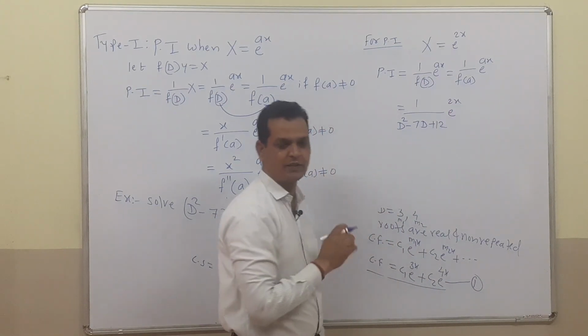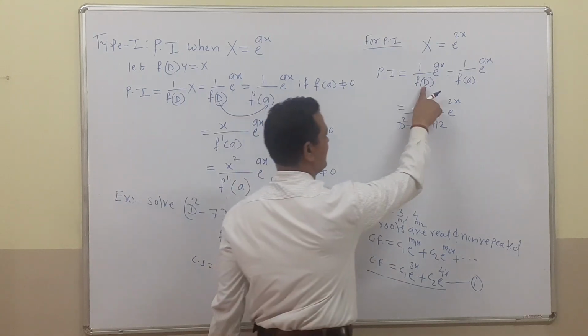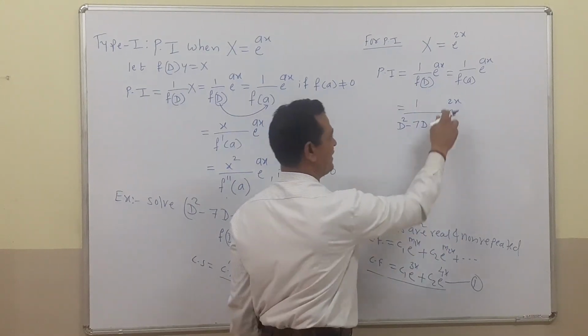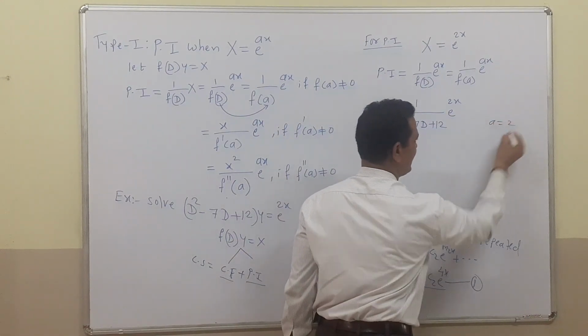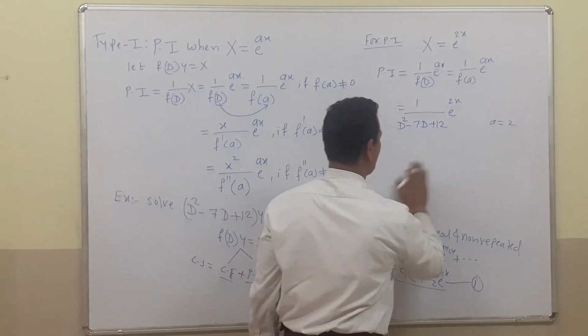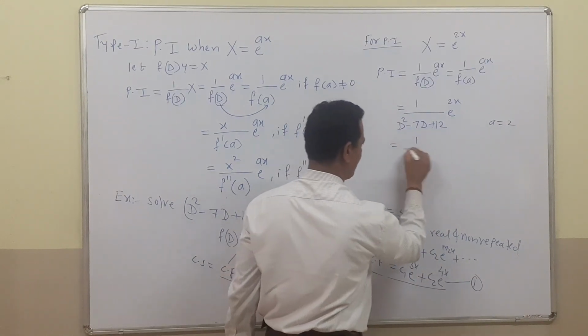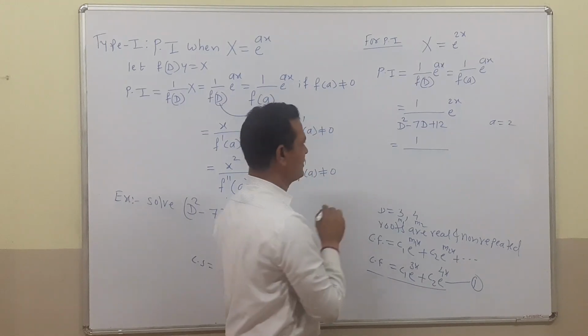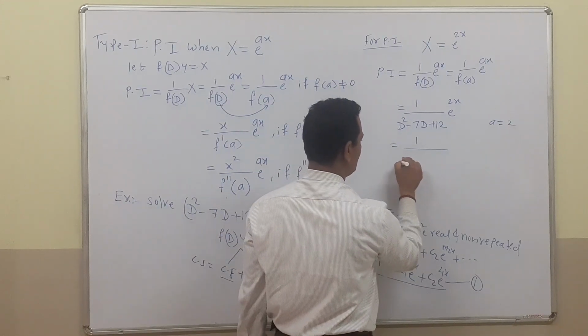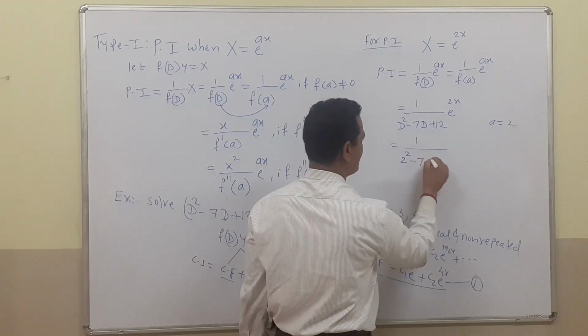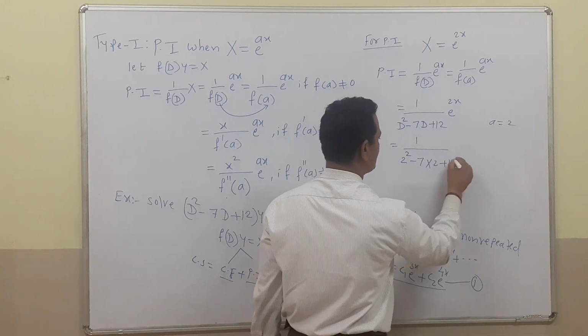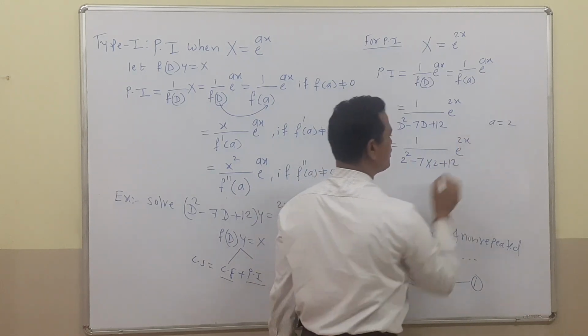Then this formula says replace d by a. So what is the value of a here? The value of a is 2. If we put a equal to 2 in this equation, then we get 1 upon 2 square minus 7 into 2 plus 12, e raised to 2x.